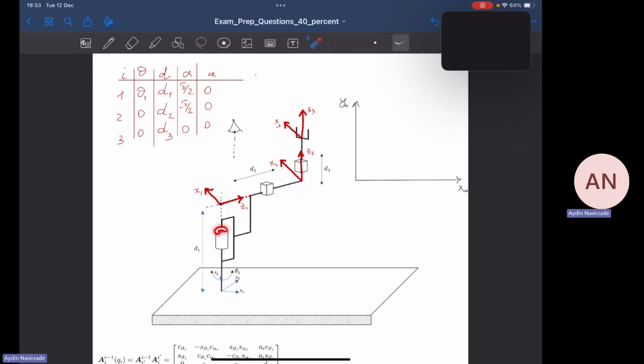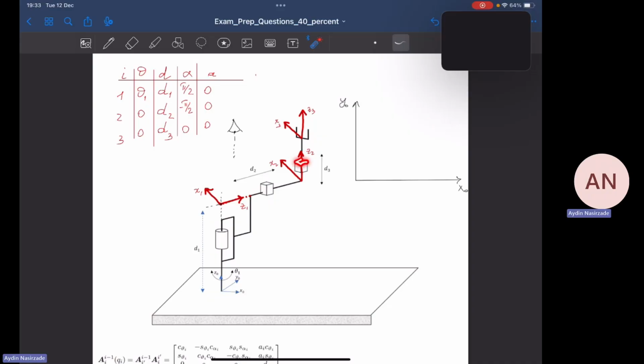I see the top of this revolute joint. Then I see this length. I cannot see this one because it's a line perpendicular towards my eye. Then I see this one. I can see x1 and z1, these two axes.